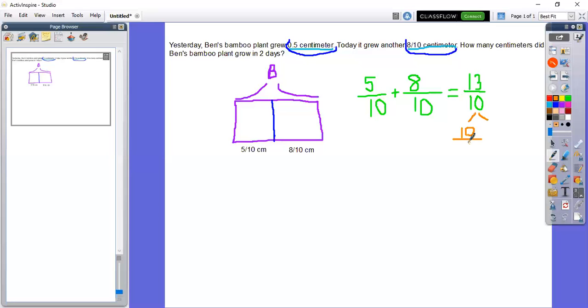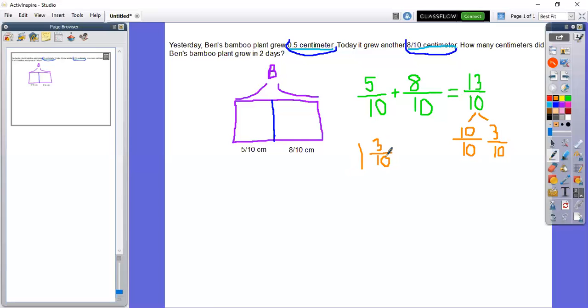So then 13 minus 10 is 3. So we have 1 whole and 3/10. So my mixed number is 1 and 3/10. Now, is that my final answer?